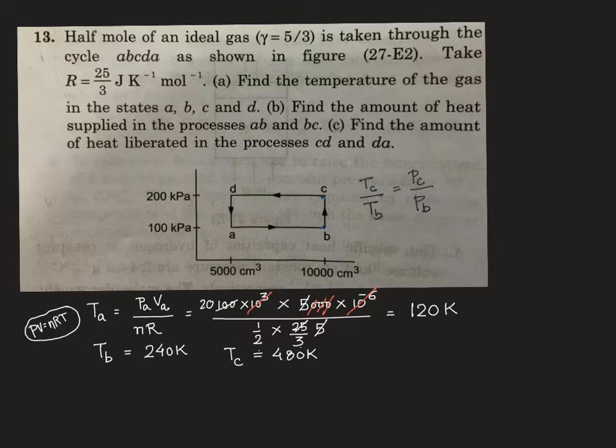Now you have to find temperature at D. Temperature of D divided by temperature of A is 2, so temperature at D is also equal to 240 Kelvin. Thus we have found all the temperatures: A 120, B 240, C 480, and D again 240.